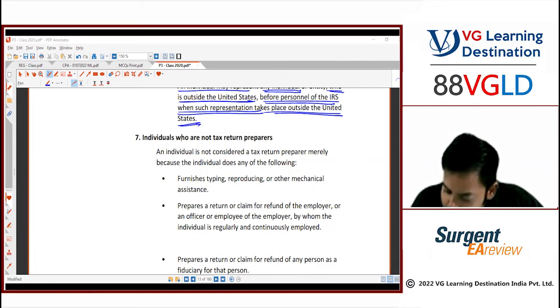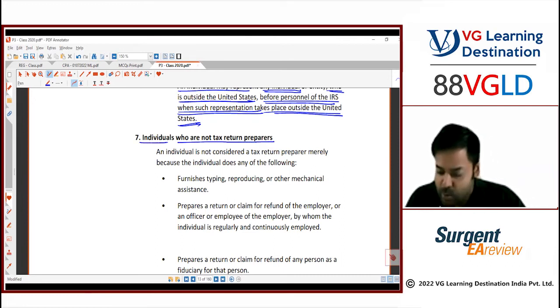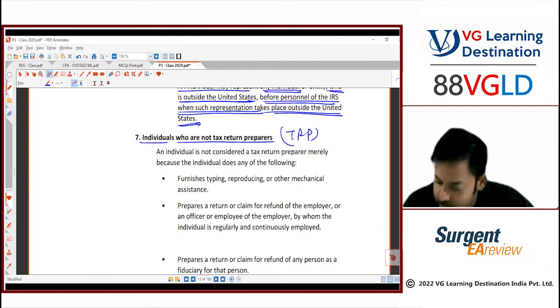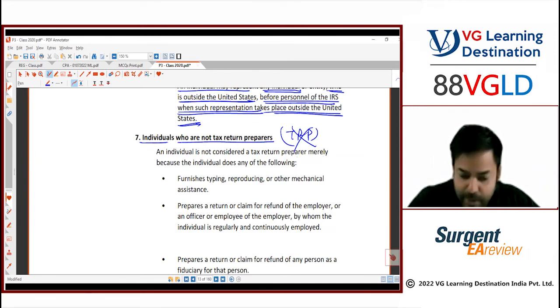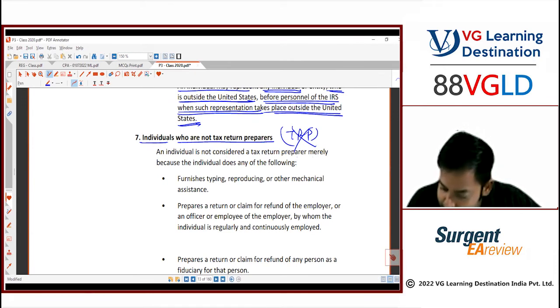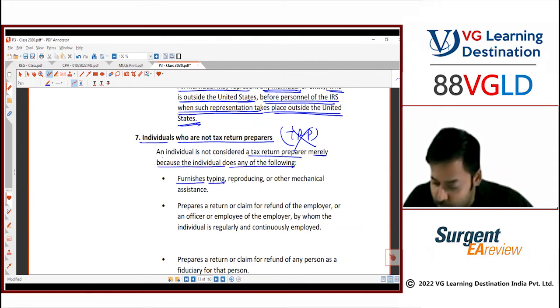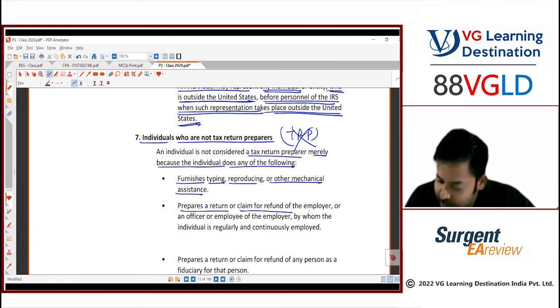Now, the individuals who are not going to be the tax return preparer. Who is not going to be the TRP in that case? An individual is not considered a TRP merely because the individual does any of the following: furnishing typing, reproducing, or other mechanical assistance; preparing a return or claim for refund of the employer, or of an employee of the employer by whom the individual is regularly and continuously employed.